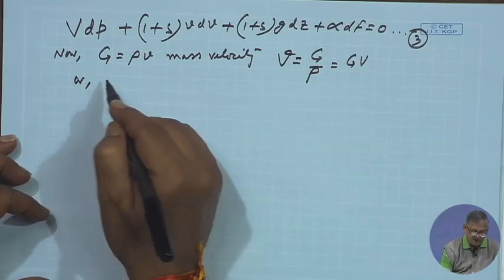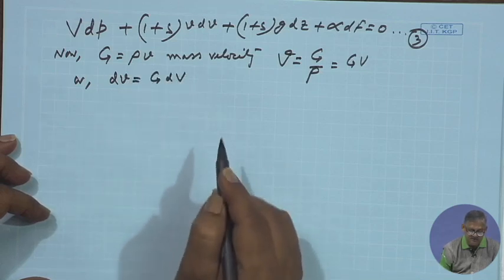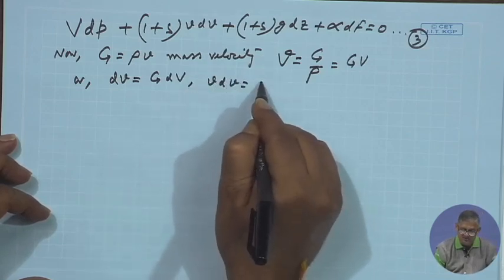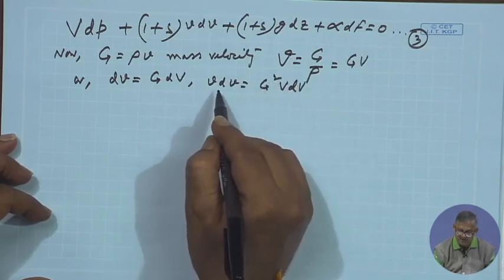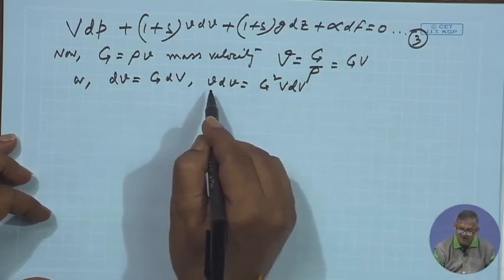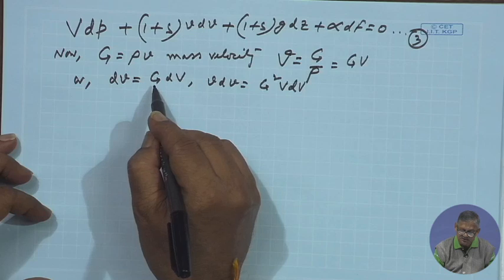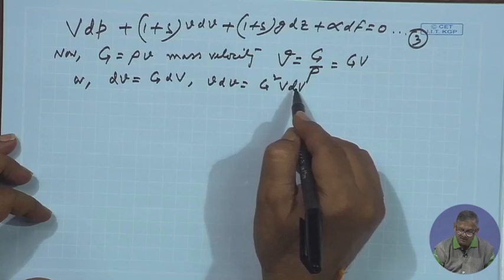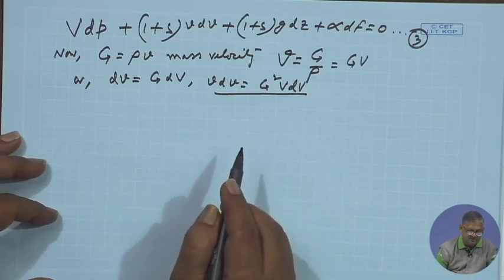Or we can also write dv is equal to G dV, right. Or we can also write v dv is equal to G square V dV, because this dv we have already seen is G dV, and v we have seen is GV, right. So, dv dv is G square V dV, right.